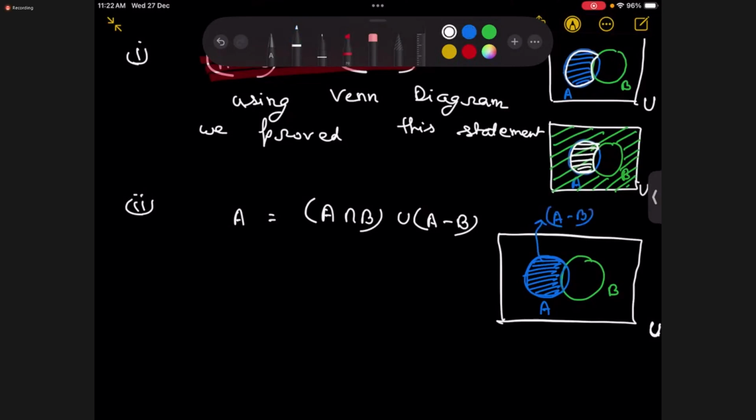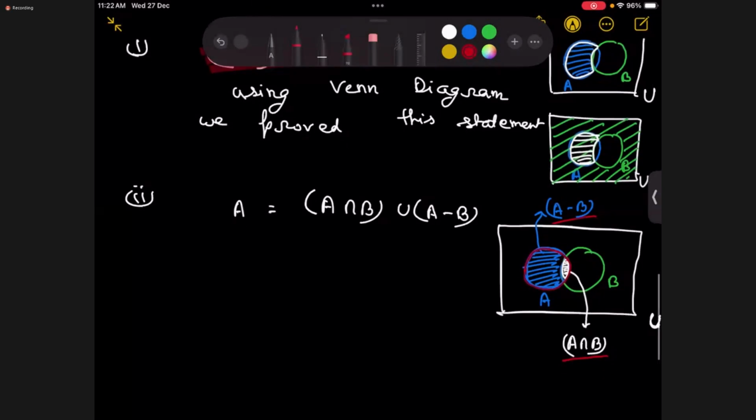That is the white portion. This is called A intersection B. So clearly one can check that the set A is nothing but the union of A minus B and A intersection B. Right? So using the Venn diagram it is clear.